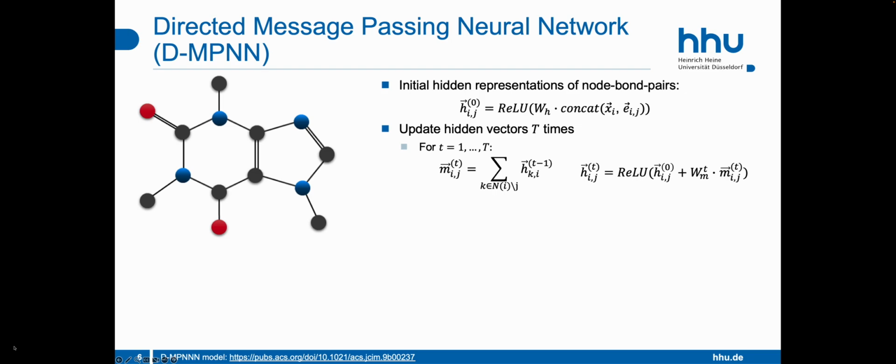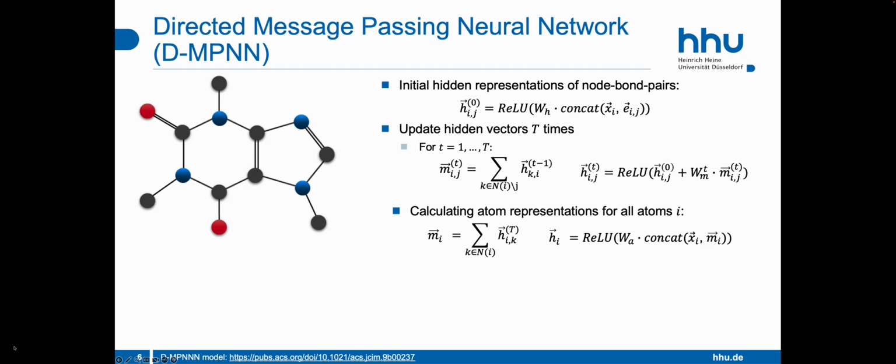After T update steps, we have updated the representations of all atom bond pairs, and we now want to obtain a single representation for each atom. We can achieve this by first summing all atom bond representations that include this atom, and then using this vector together with the initial atom representation as the input for a single layer neural network. We concatenate the initial atom representation together with the representation Mi for this atom that we've just calculated.